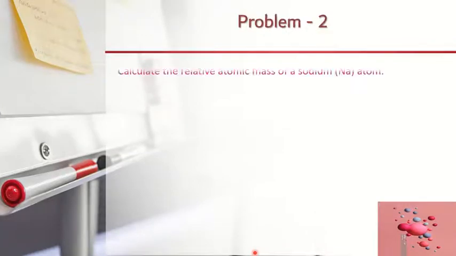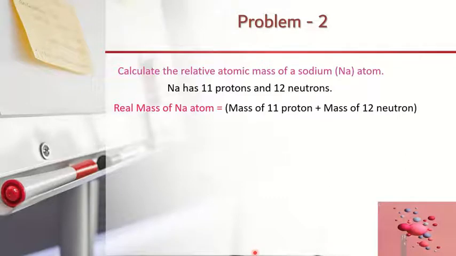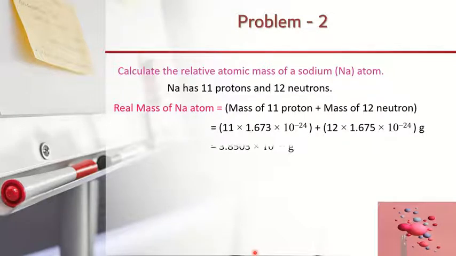In the same way, another problem: calculate the relative atomic mass of the sodium atom. Sodium has 11 protons and 12 neutrons. So the actual mass of the sodium atom is the mass of 11 protons plus the mass of 12 neutrons, and it comes 3.8503 into 10 to the power minus 23 gram.